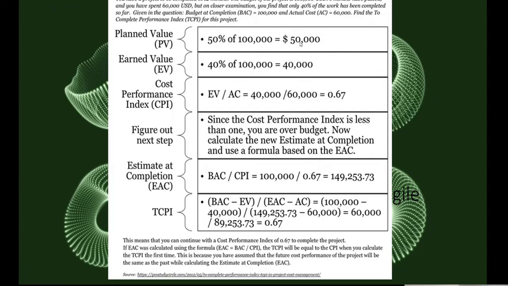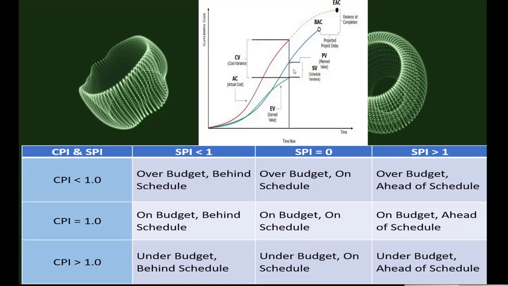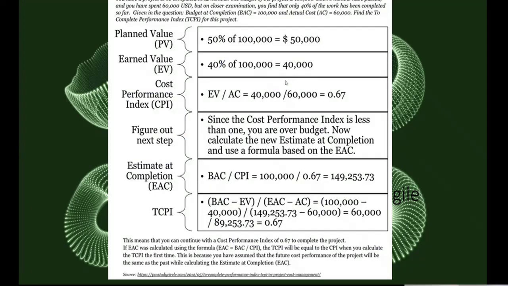So we planned to spend $50,000, but actually we spent $60,000. We're supposed to spend only $50,000, but we have already spent $60,000.